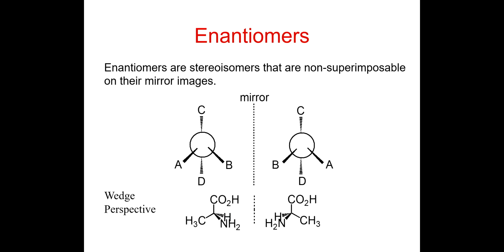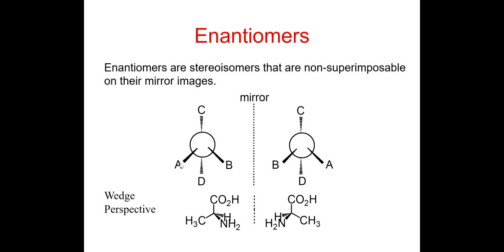Now, if we look at the molecular model here, the sphere in the middle represents the chiral carbon. If we try to overlay this pair of enantiomers, the C and D groups are aligned.